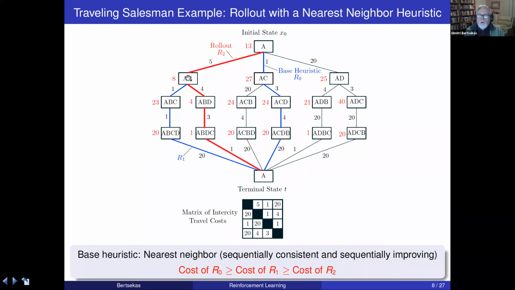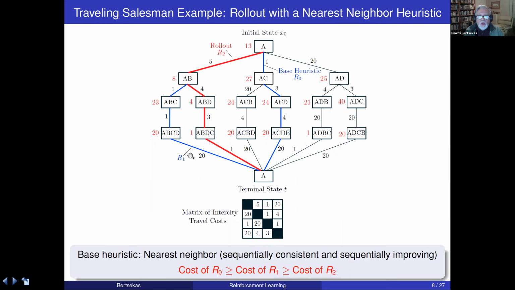So the rollout moves us here. And now we look at the two possible cities to move, and then run the nearest neighbor heuristic. There's nothing to run really because there's only one choice. And from here, we switch to here. So we started with a trajectory R0.